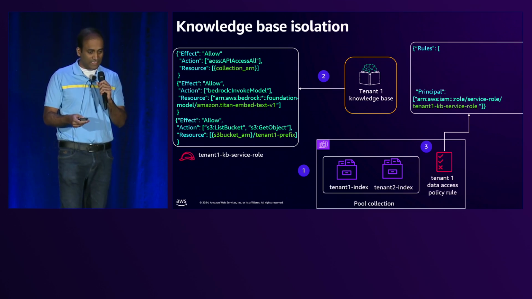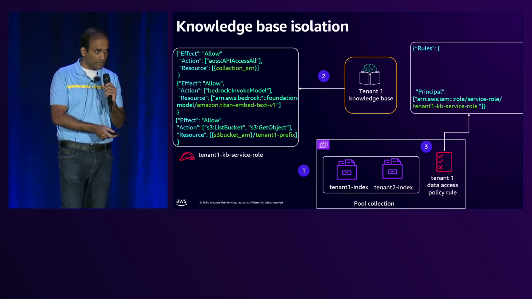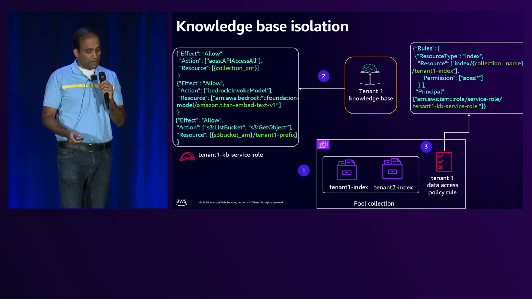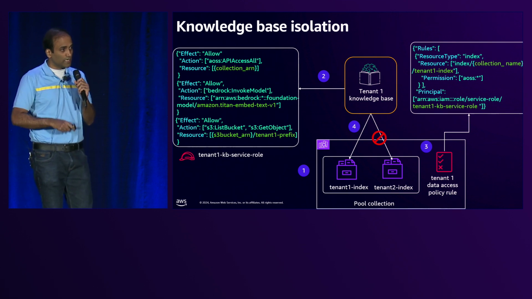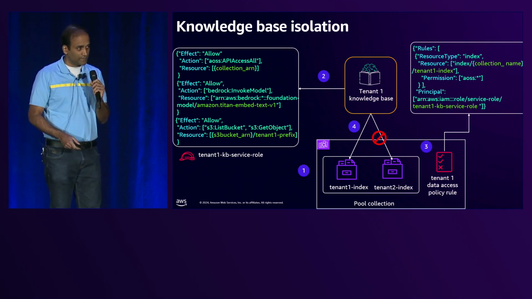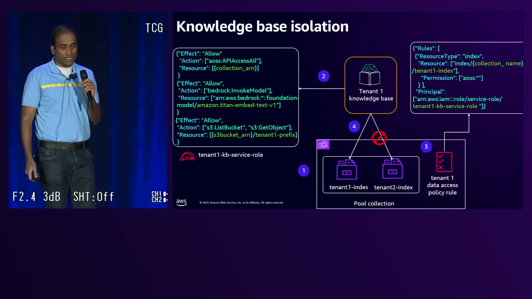That principal is basically nothing but the service role of the knowledge base. And if you look at the permissions, you could see that this knowledge base is only empowered to push and pull the data from the tenant-specific index. This is how you would enforce tenant isolation for the knowledge base.